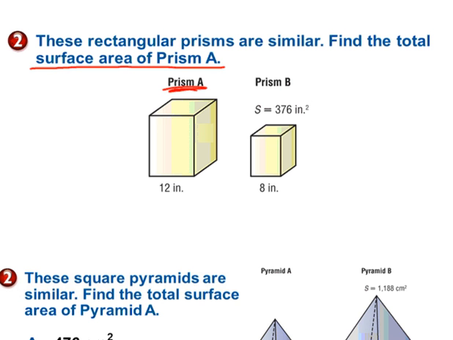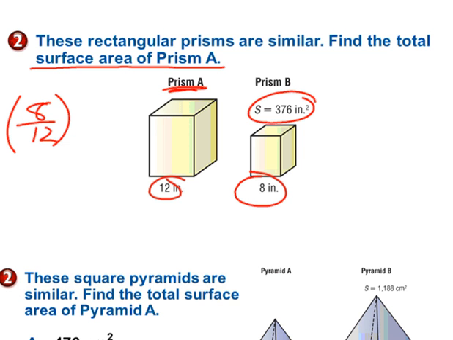Well, we know the surface area of prism B, and we know two of the dimensions, one on A and one on B. So we're going to say 8 is to 12 squared, because we're dealing with surface area, is equal to our unknown surface area for prism A over 376 inches squared.